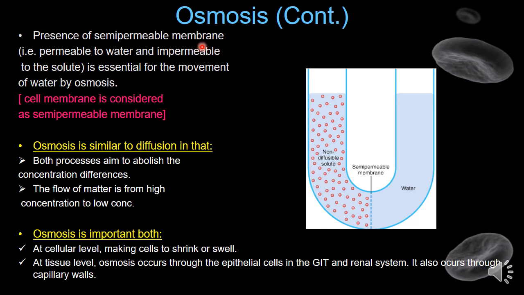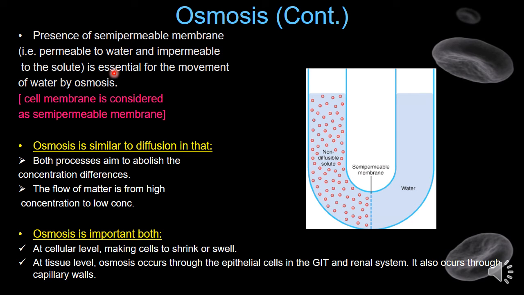For water movement by osmosis, we need what is called a semi-permeable membrane. The semi-permeable membrane allows movement of certain material and does not allow others. In the case of the cell membrane, it is permeable to water, but it is impermeable to solute.